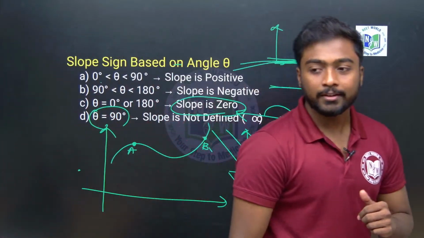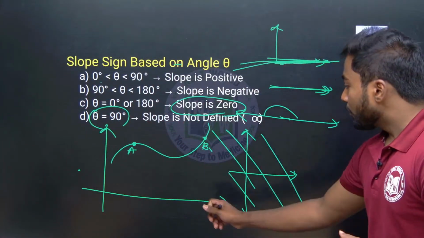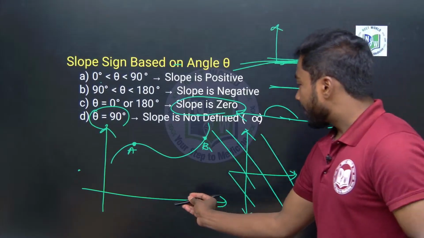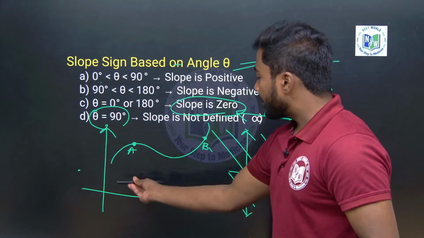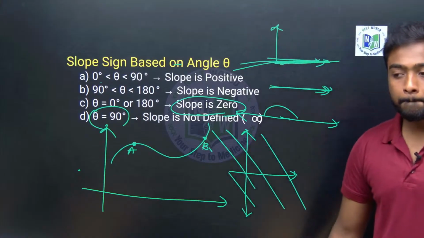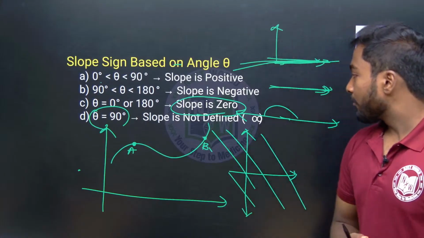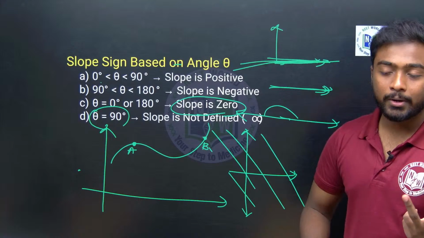First I need to draw the tangent with respect to the x axis. Take the x axis, draw the tangent, and find the slope for A and B, either positive or negative, that's it.